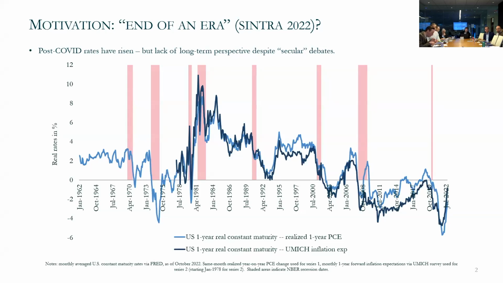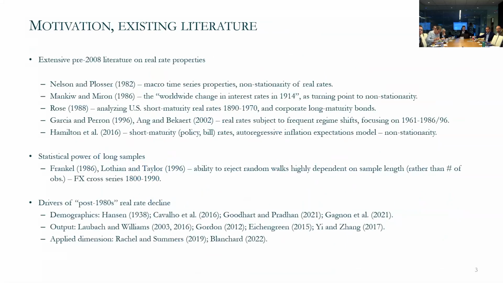But our motivation goes back, obviously, pre these summer moves, and it goes back prior to the financial crisis, in fact. There's a long literature in both finance and macroeconomics on the basic properties of real interest rates. People have looked at this for a long time, trying to find out how effective monetary policy actually is.